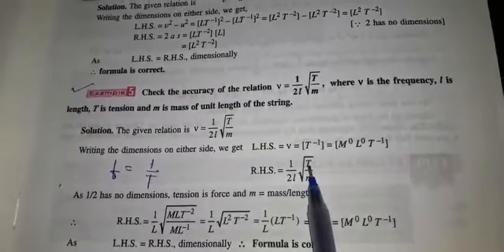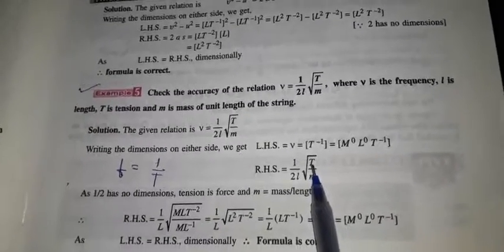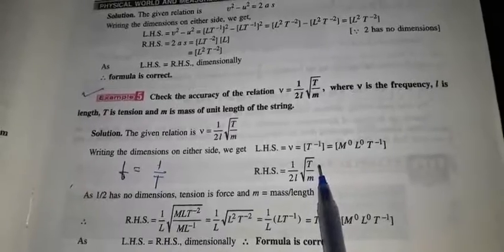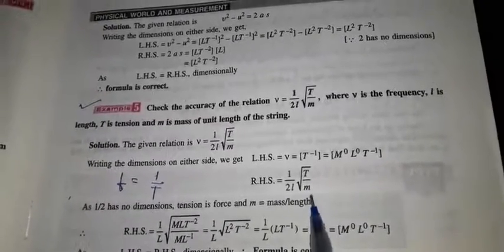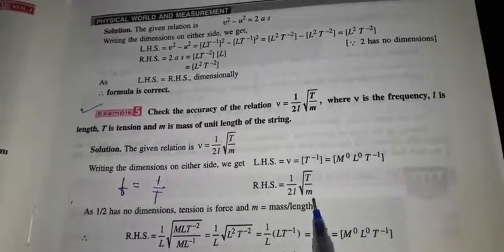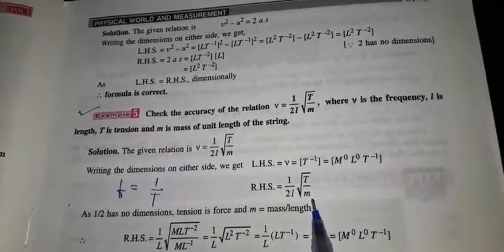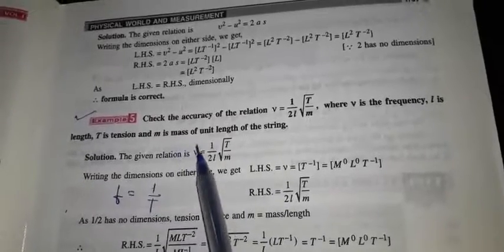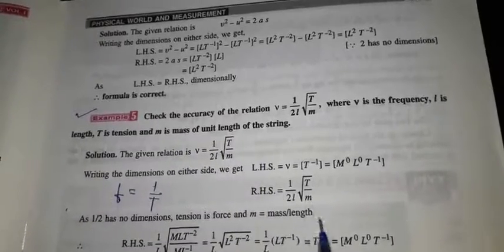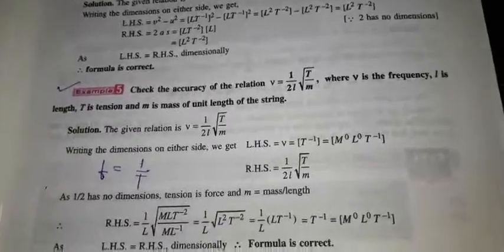T is the tension, and tension is also a force, so we can easily write the dimension of force. And M is the mass of unit length of the string. So we try to write the dimension.